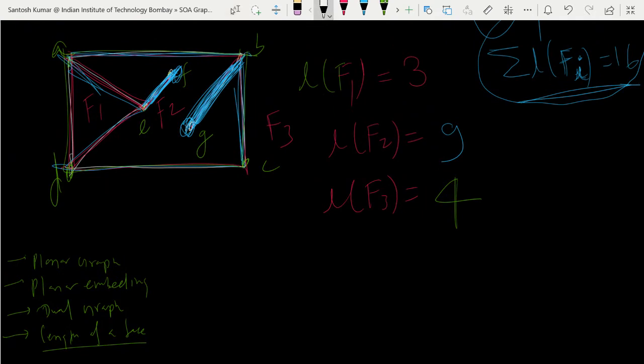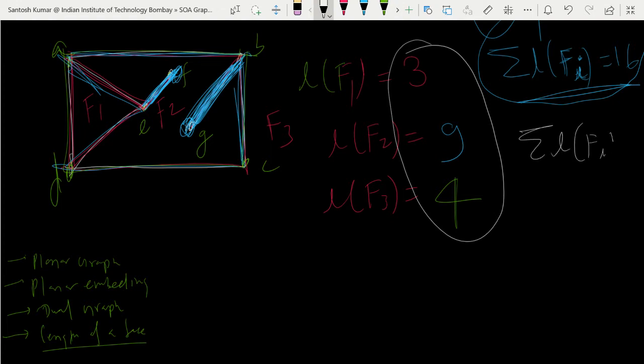Here again you add all the lengths of faces, the summation of length of faces is 16, and the number of edges in the graph is 8. You can count 1, 2, 3, 4, 5, 6, 7.